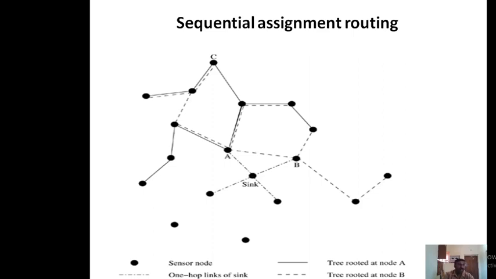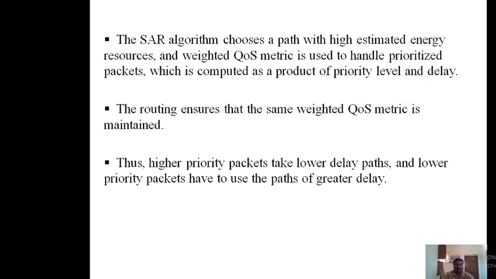How the shortest path is selected is based on priority. Priority is represented by the energy sources and the weight of quality of service metrics. Based on these two parameters, we can represent the data's priority. High priority data selects shorter routes, and low priority data selects longer routes or routes with higher delay. The SAR algorithm chooses the path with high estimated energy sources and weighted quality of service metrics.